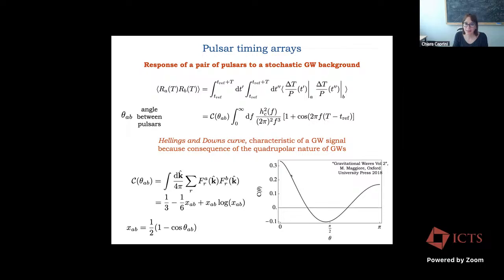And then this particular shape of the cross correlation of the residuals with the angle between the pulsars is indeed the smoking gun of the fact that these residuals are induced by a gravitational wave. Okay, so that's what pulsar timing arrays must measure in order to claim detection.